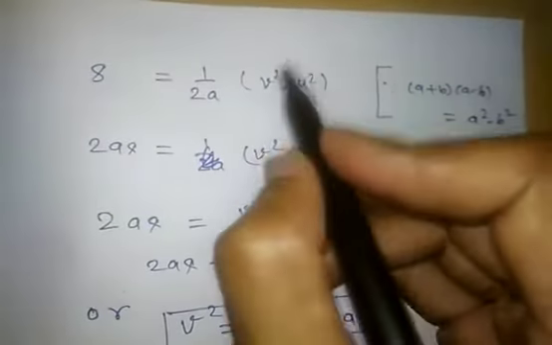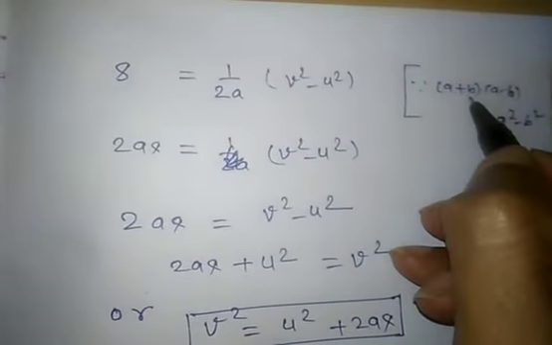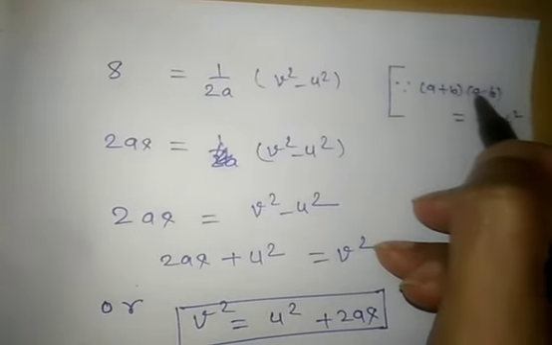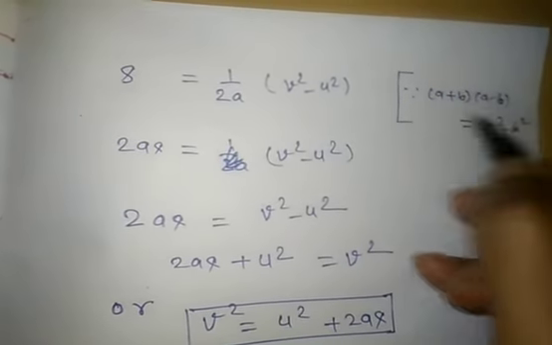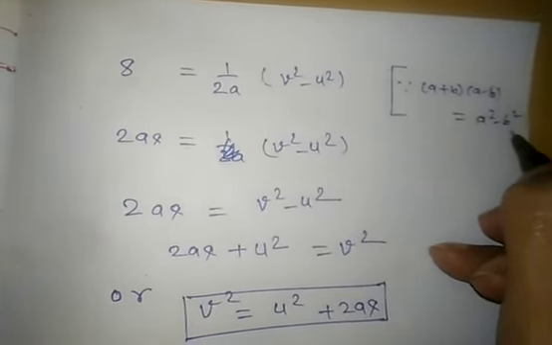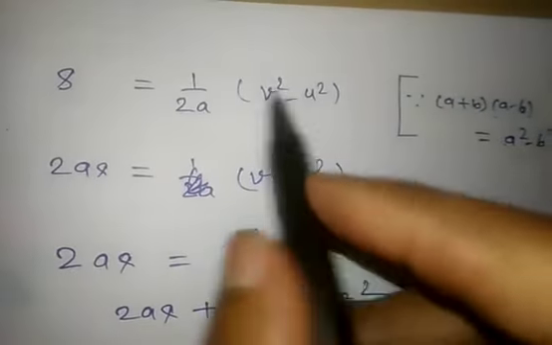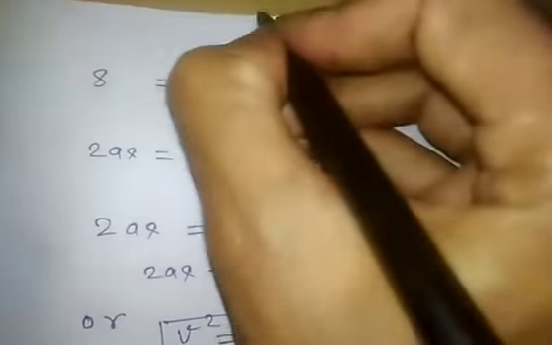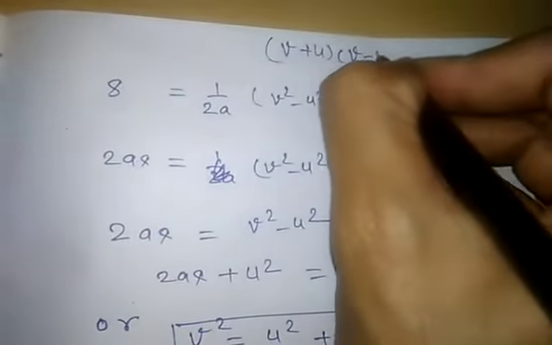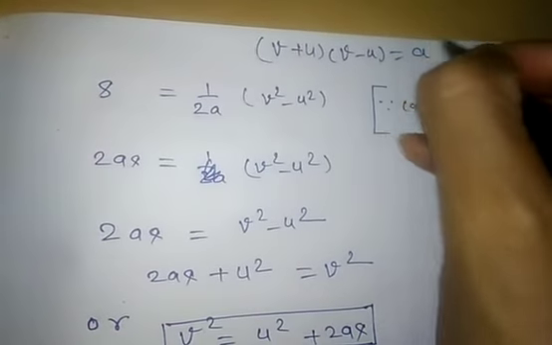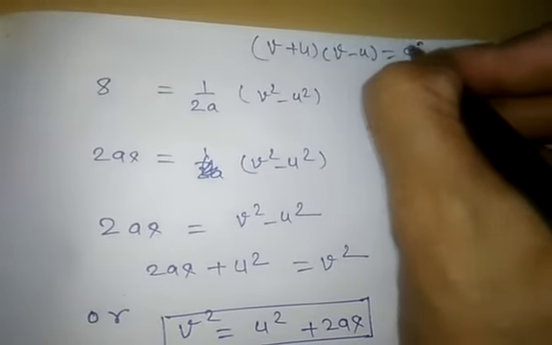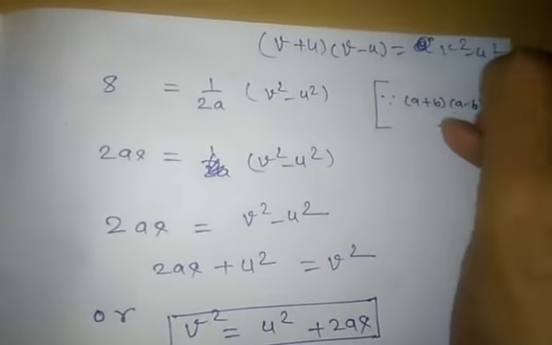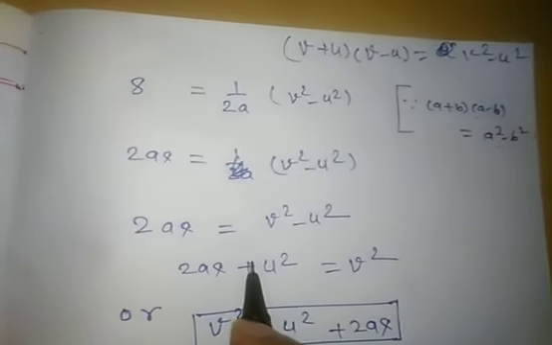We always know the formula (a plus b) in the first bracket and (a minus b) in the second bracket is equal to a square minus b square. So (v plus u) and (v minus u) can be written as v square minus u square.